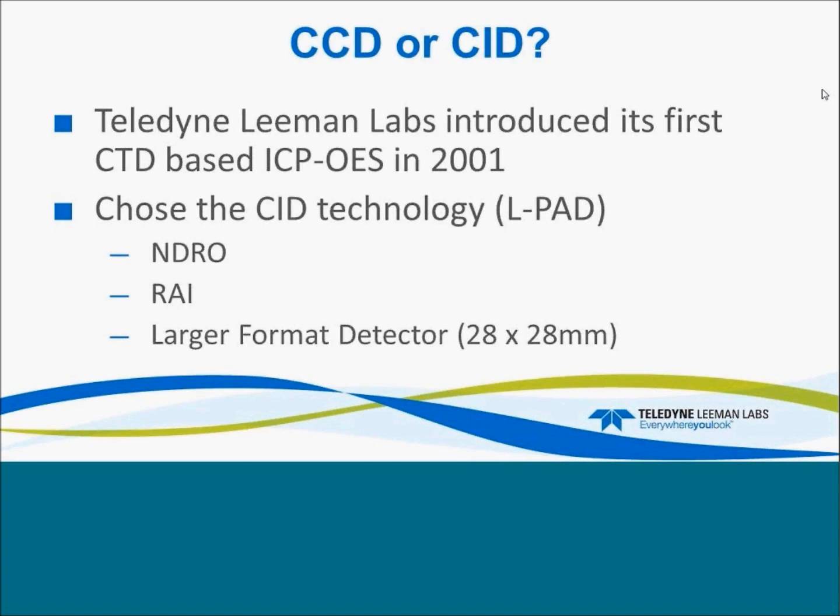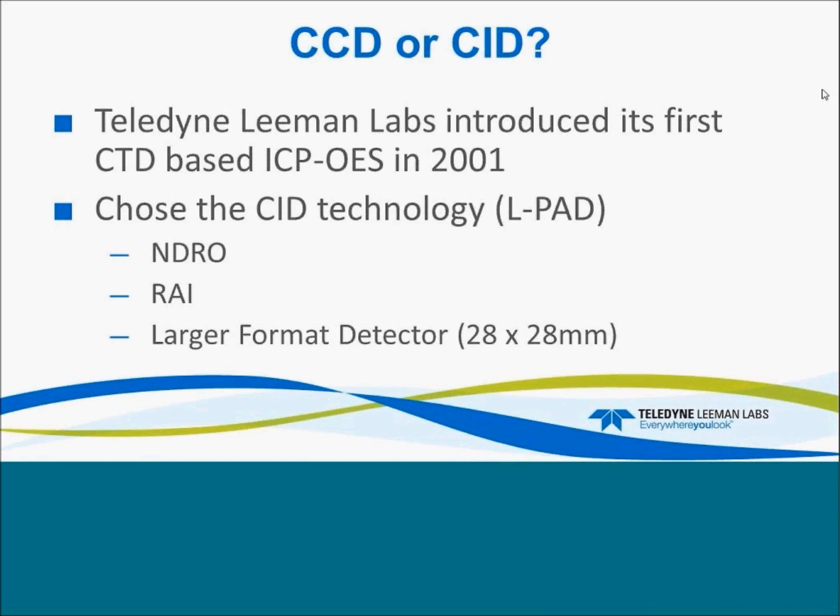And there were really three reasons why we chose the CID technology. First was the ability to do non-destructive read and to do random access integration. As important as those were, at that time a larger format detector became available, one that was 28 by 28 millimeters. When we take all three of these things combined, that's what prompted us to go in the CID direction.